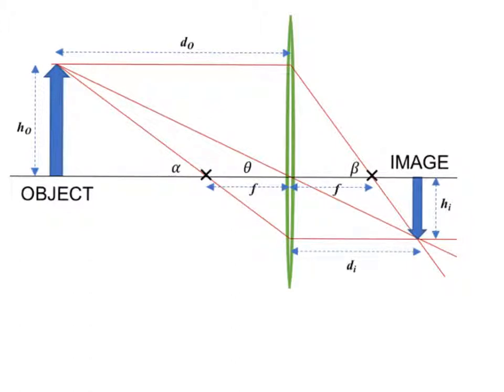So let's take a look at what's going on with this ray right here. And by the way, hopefully you remember that this angle here has to be the same as that angle there.